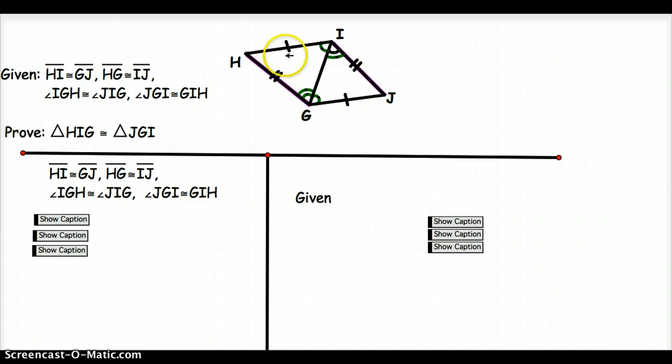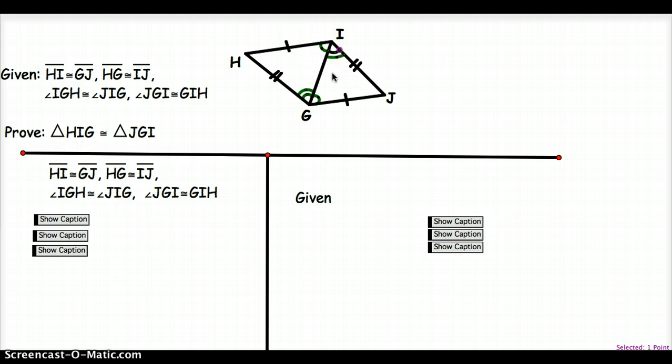And we're given that angle IGH, this angle right here, is congruent to angle JIG there. And angle JGI is congruent to angle GIH. So these two angles here are also congruent.